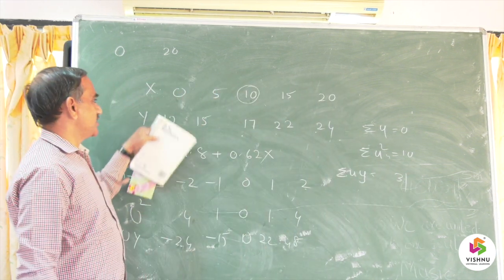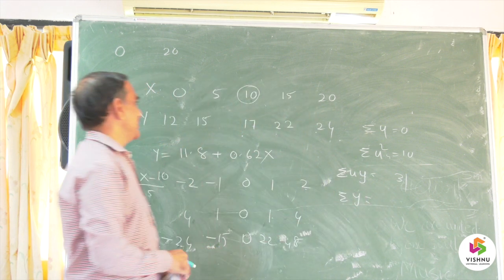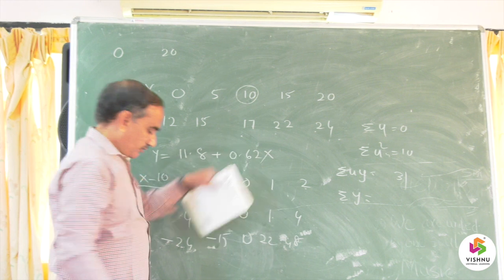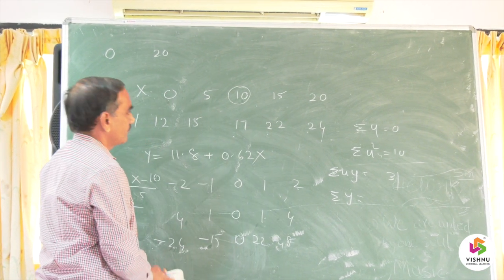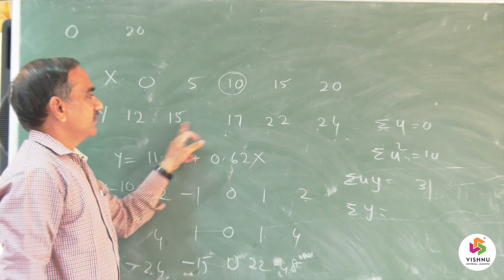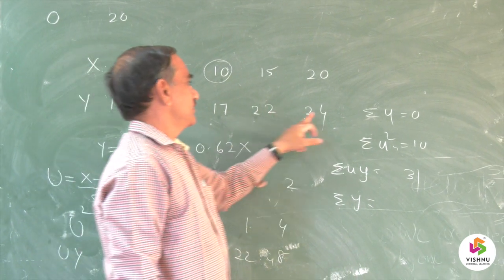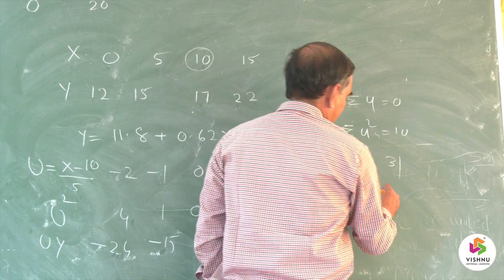Now sigma y is equal to 12 plus 15, 27, 27 plus 17, 44, 44 plus 22, 66, 66 plus 24, 90. Sigma y is equal to 90.